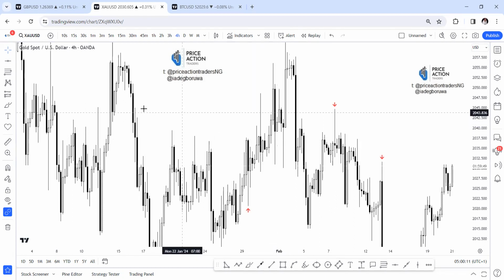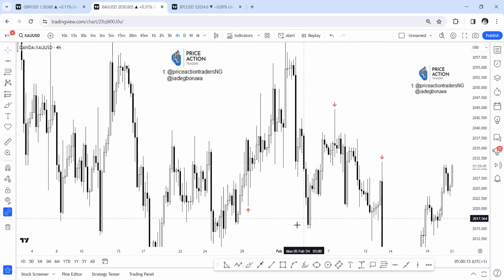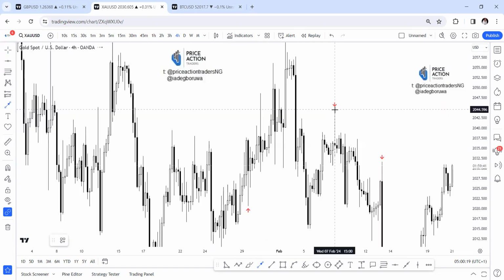Here, if we see this, you trace it backward, you see that this level that is being rejected must have been traded several times.